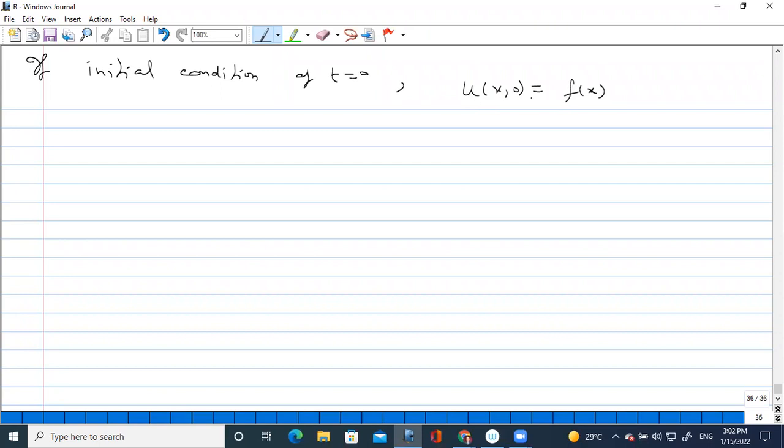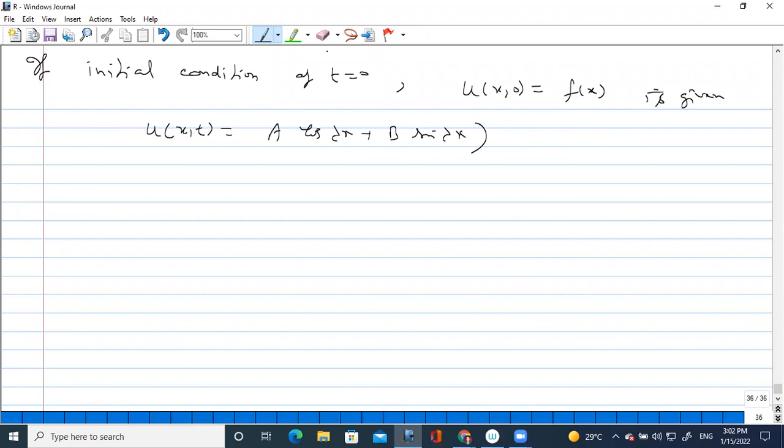It is simply u(x,0) equal to f(x) is given. So you can apply it directly. u(x,t) was how much? A cos lambda x plus b sin lambda x.